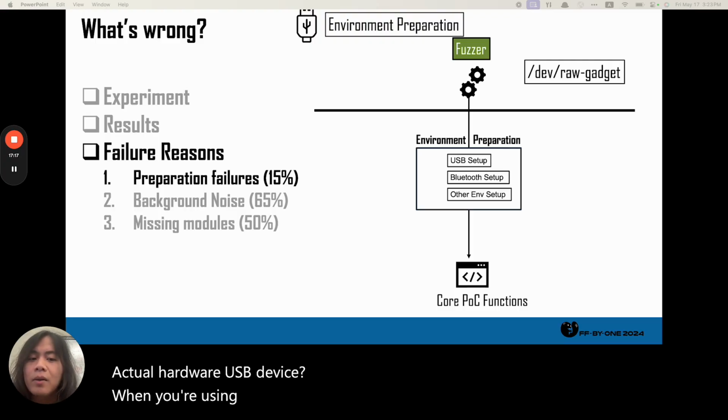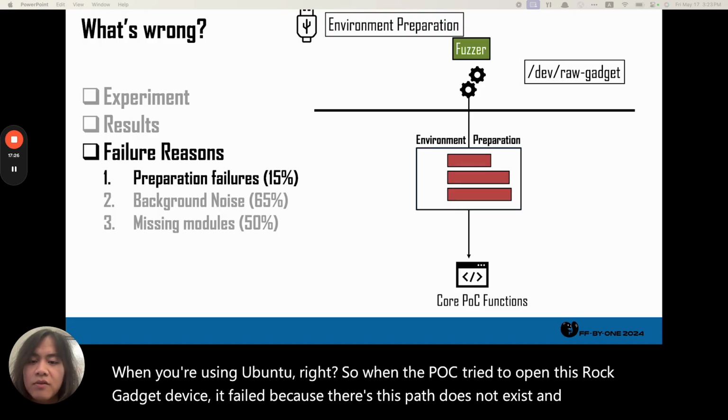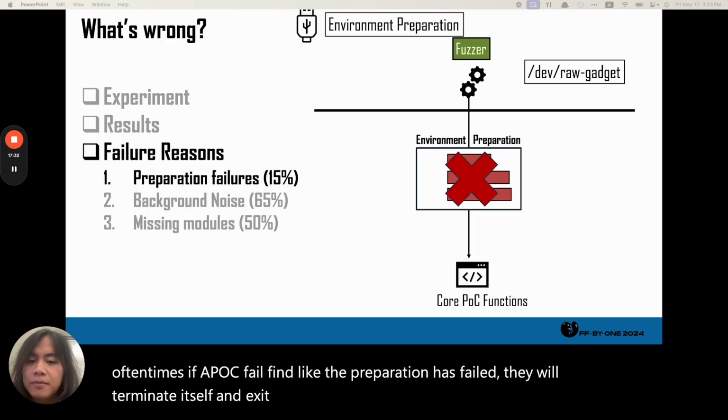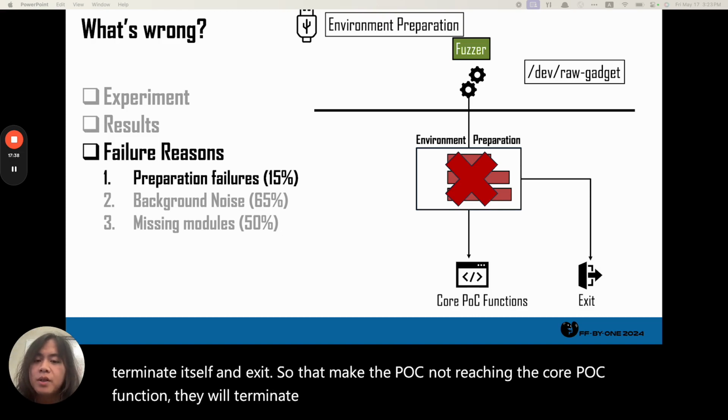So when the POC tried to open this raw gadget device, it failed because the path does not exist. Oftentimes, if a POC finds the preparation has failed, it will terminate itself and exit. So it terminates before reaching the POC core function, and the bug is not triggered.